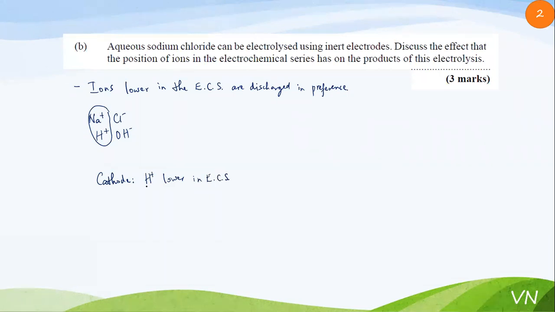So what will be produced at the cathode? Good, so we expect here, correct, hydrogen gas produced. At the anode, which is lower, is it chloride ions or the hydroxide ions?